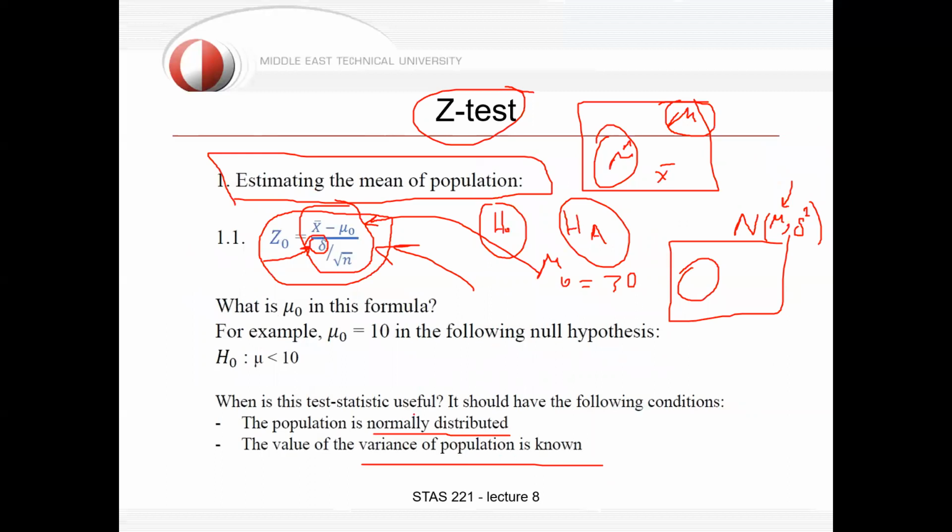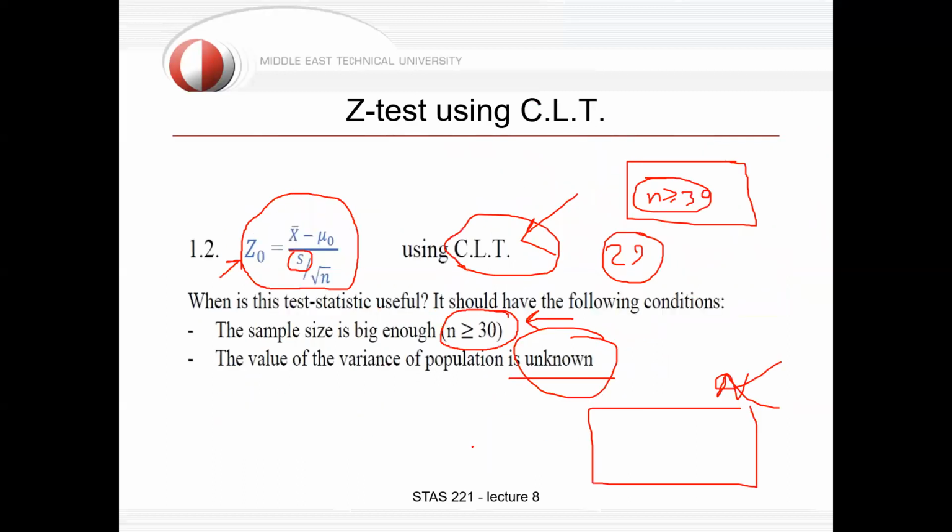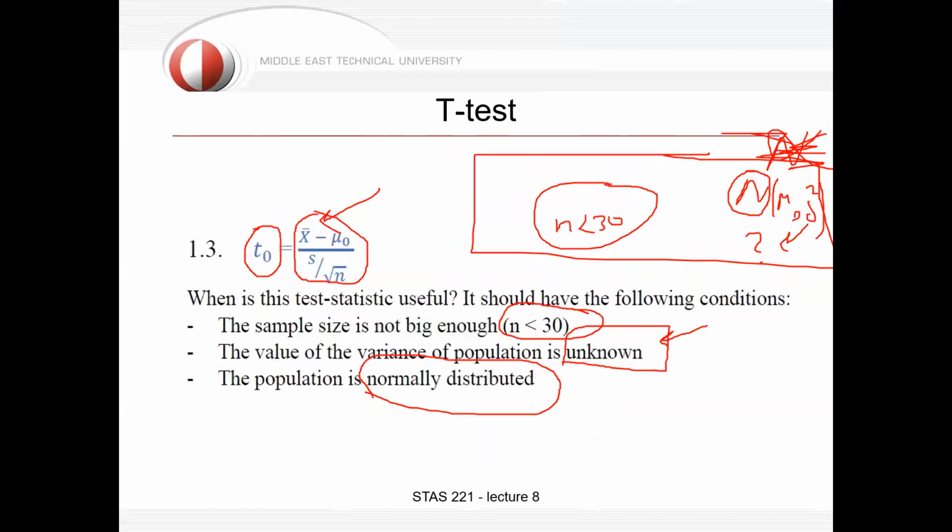You see, normally distributed, variance known. But here, it is normally distributed, the variance is unknown, and at the same time I cannot use the central limit theorem. That's why we can estimate the parameter using this test statistic, using the t-student distribution and have a t-score instead of z-score.